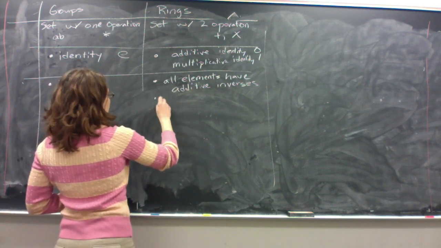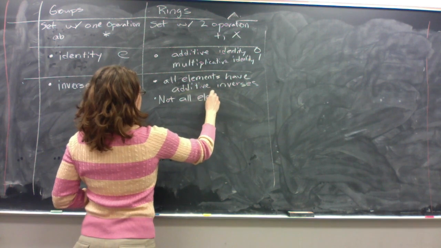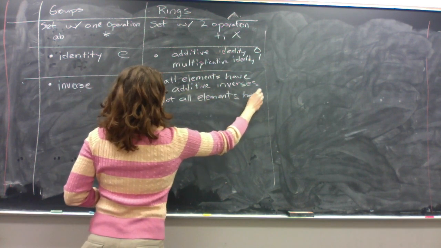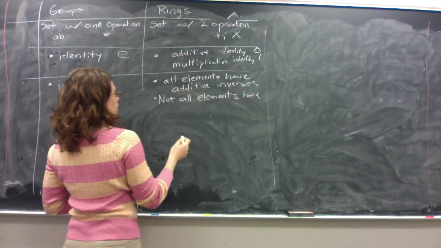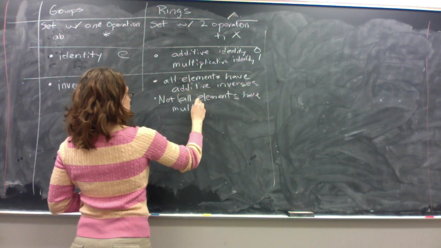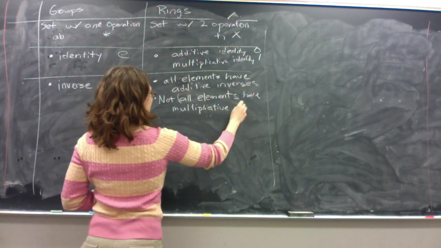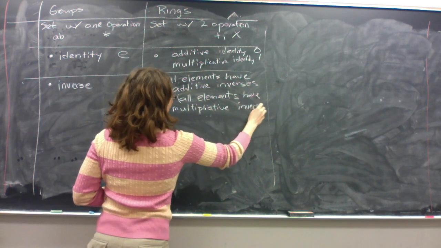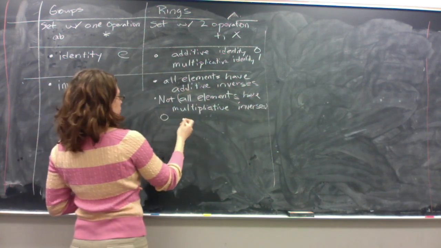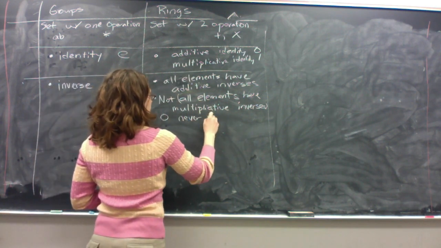So it is not necessarily true that all elements have multiplicative inverses. 0 doesn't? Oh, yes, thank you. In fact, thanks, Ava, 0 never will have a multiplicative inverse. 0, the additive identity, never will.